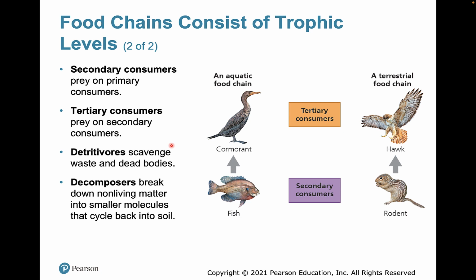Okay, another thing that's not shown here in the food chain are decomposers. Decomposers are an essential, critical part of a food chain and a community ecology, because they take non-living matter and break it into smaller molecules that go back into the soil. And we're going to talk about that in a little bit.